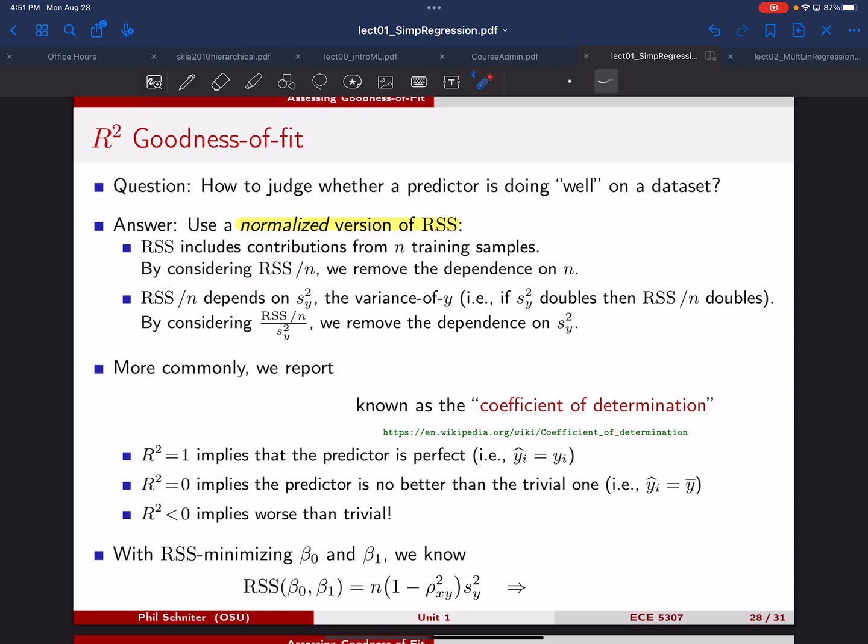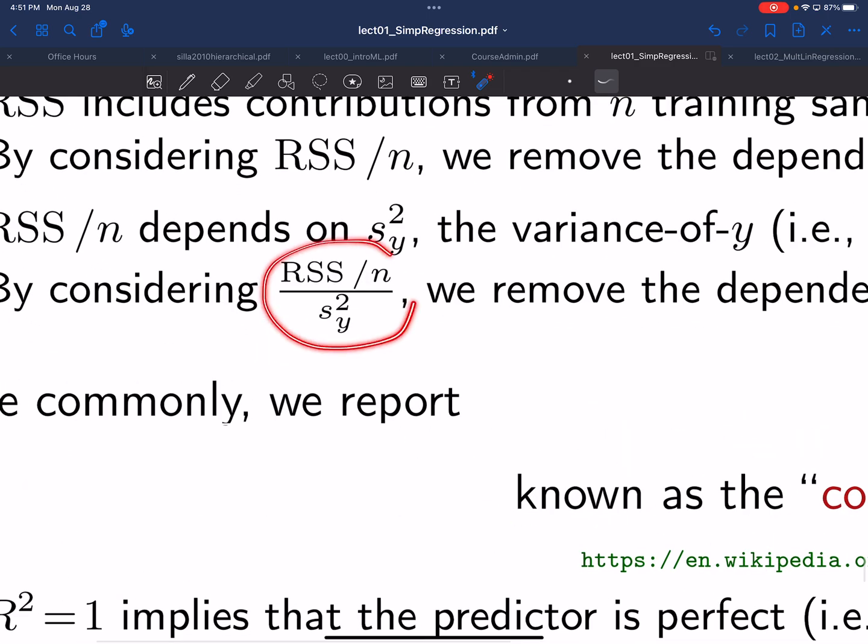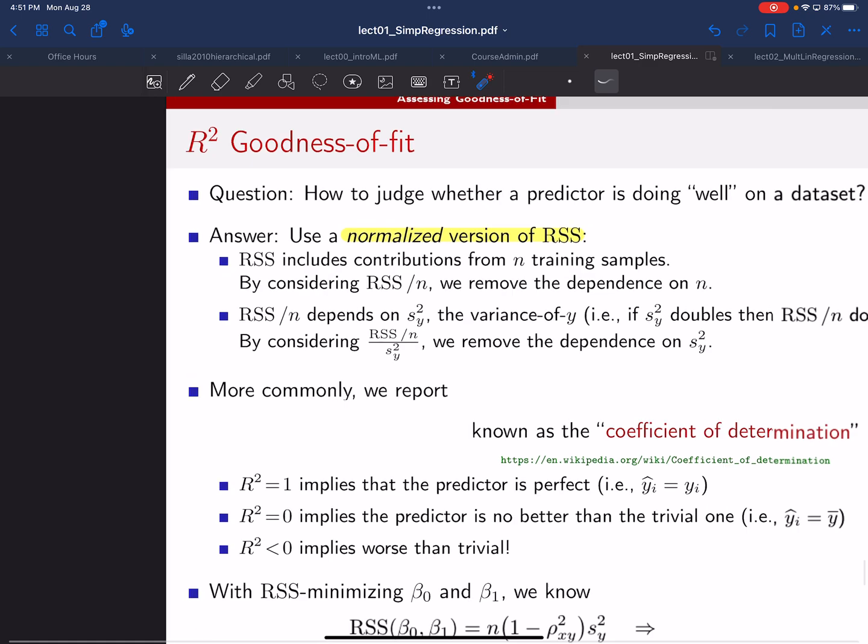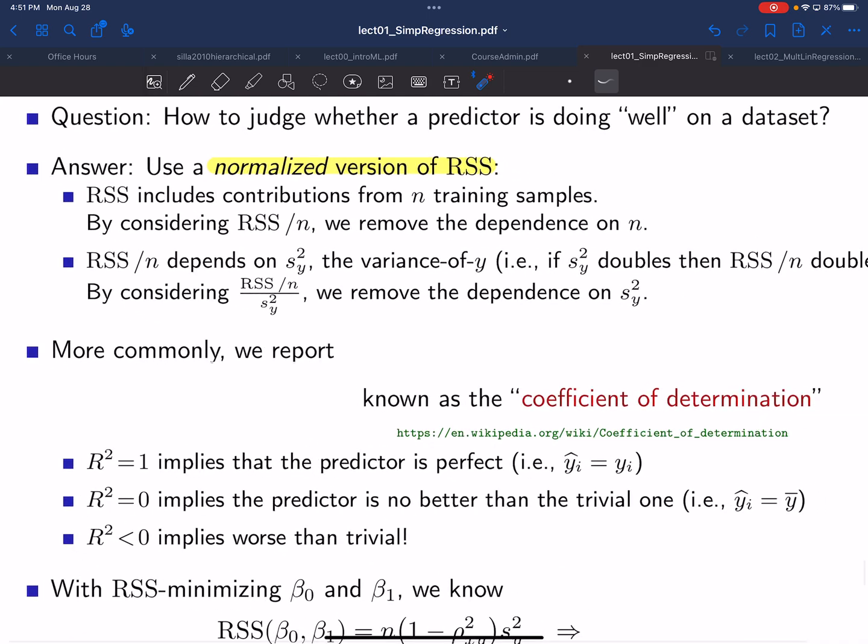That gets some improvement, but it's not everything. Let's also consider dividing that by the variance of y. So now as y grows, both the RSS and the variance grow at the same rate, so you have removed that scaling as well. So now you have a quantity which is actually very useful, where you can just look at that value and get a lot out of it.